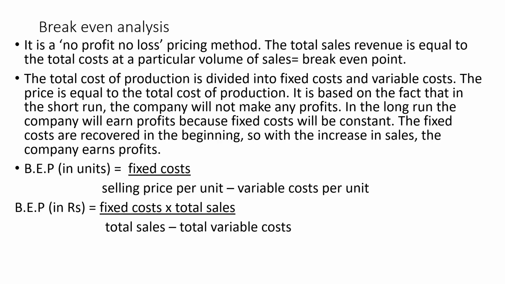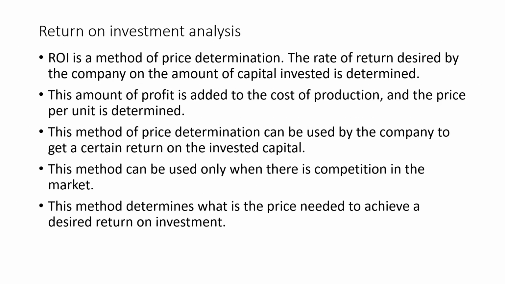But in the long run, they say we can earn profits because the fixed costs have been recovered in the beginning. So whatever gain after that will be profit for the company. So these are the formulas for break-even point in units and break-even point in sales, rupees.